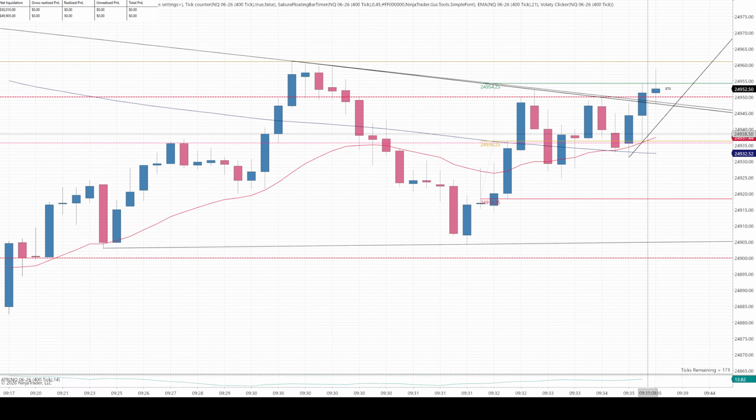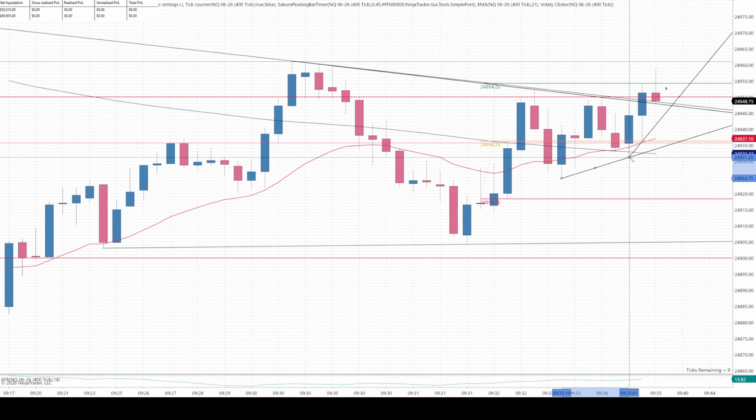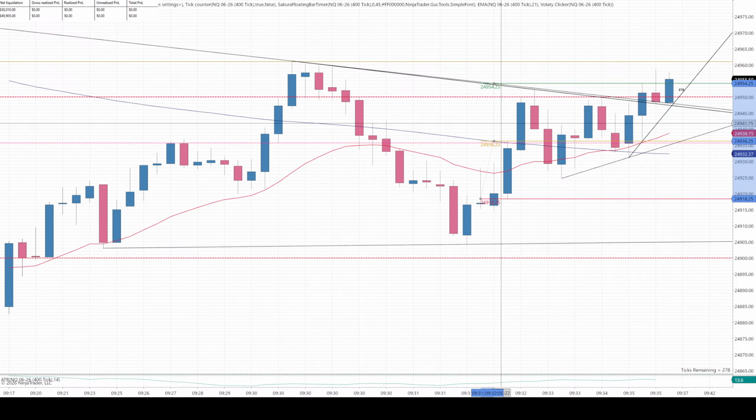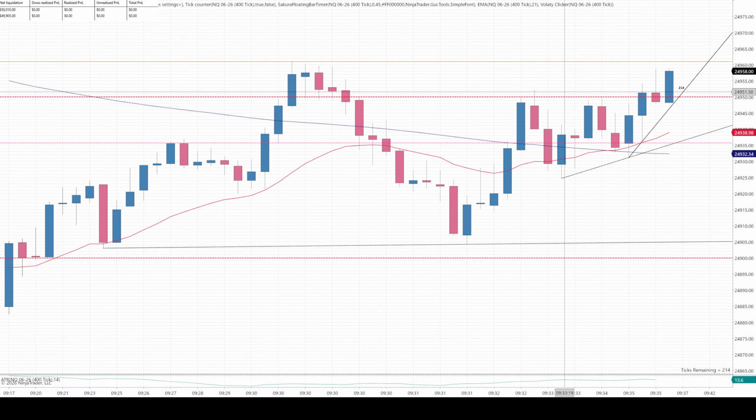We just hit the bullish target. Let's delete these lines.